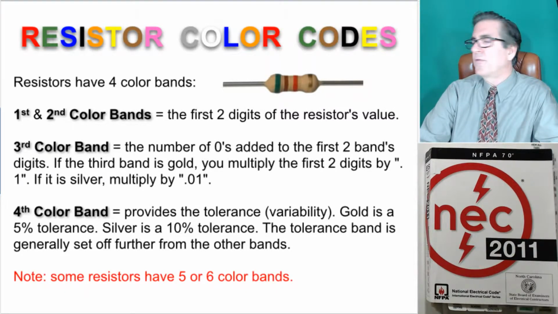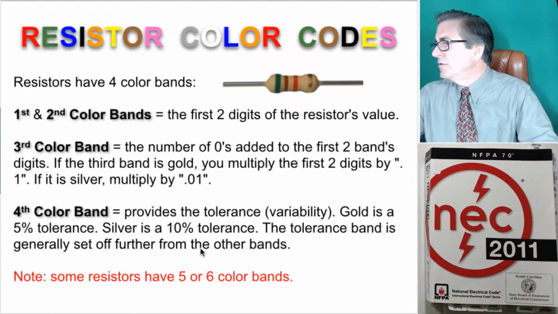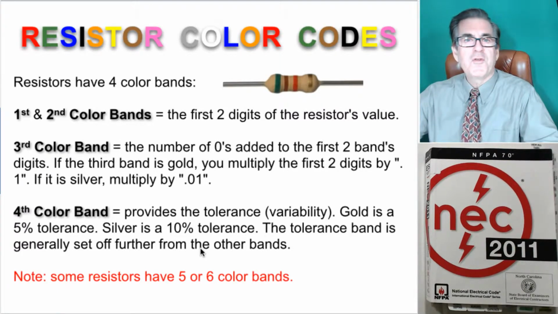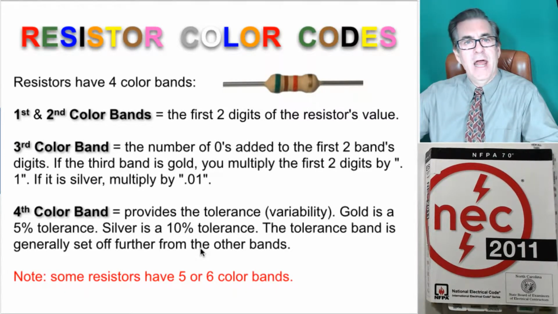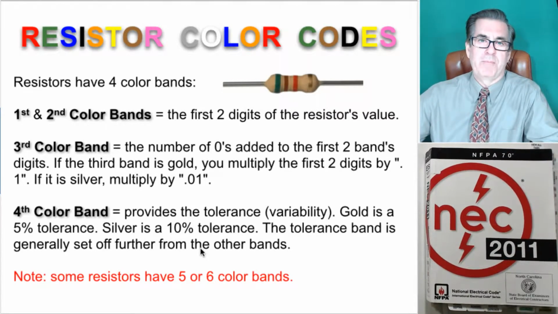You look at the resistor's color code, and the first stripe or color on the far left will be the first number of the resistor's value. To the right of that is the second color band, which is the second value of the resistor's number. The third color band is what we call the multiplier.